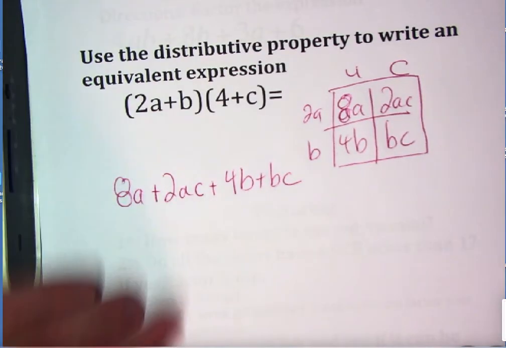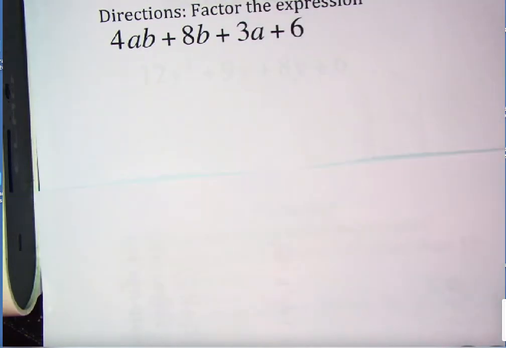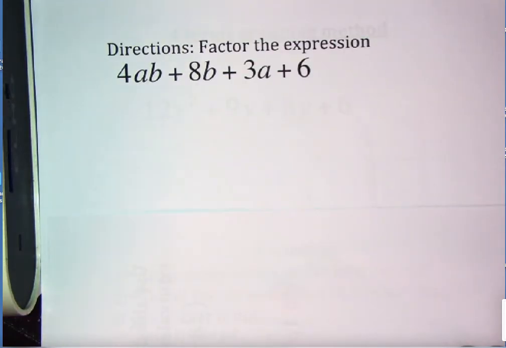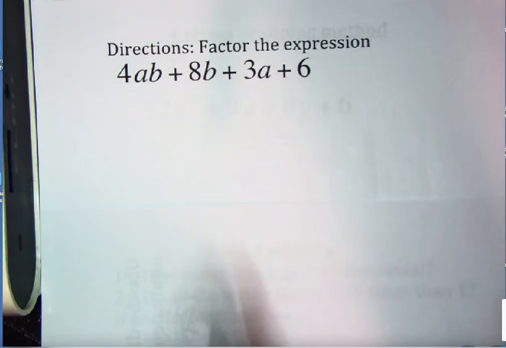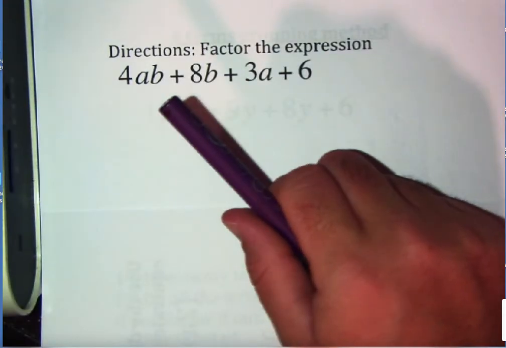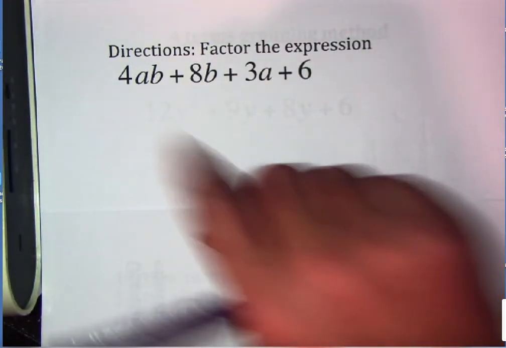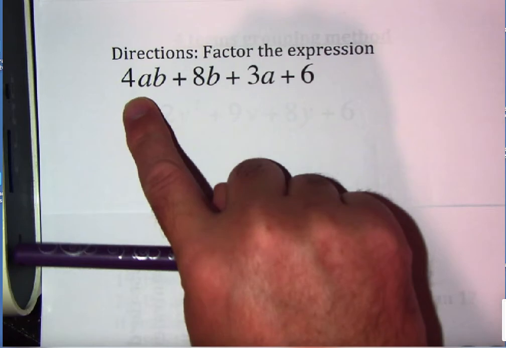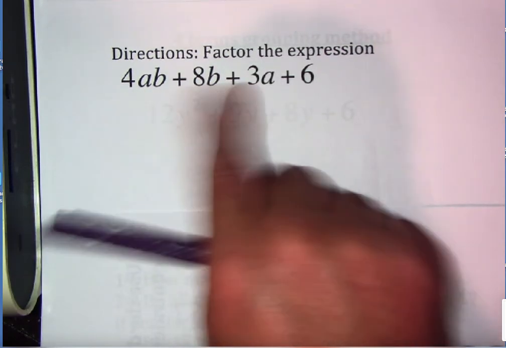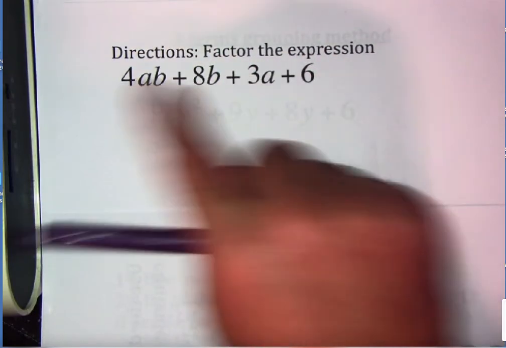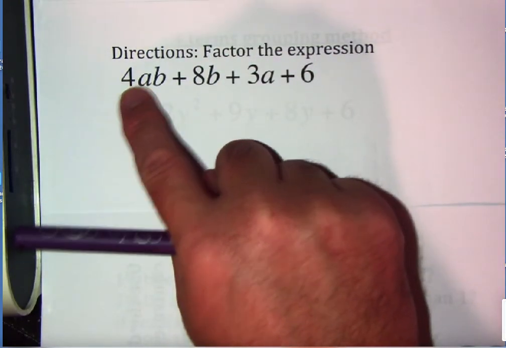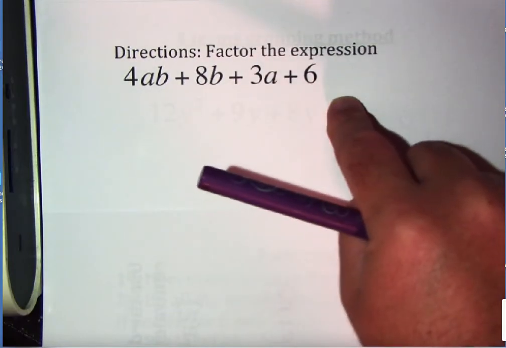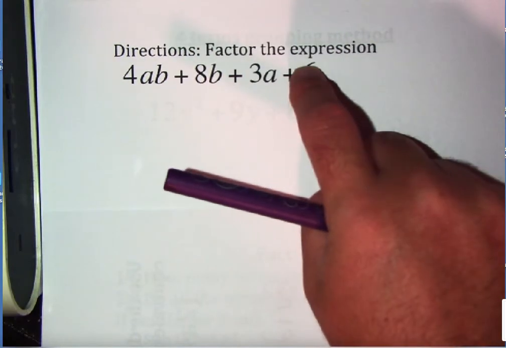All right, so what I have here is, instead of you discovering it, because we could play around with it, it's tricky. Okay, so we're going to think about it. We're going to factor 4 terms. All right. Do they have a GCF other than 1? Do they all have, does 8, 4, 3, and 6, do they have a factor other than 1 that they all have? No. Do they all have A? No. Do they all have B? No. So that would stop you.